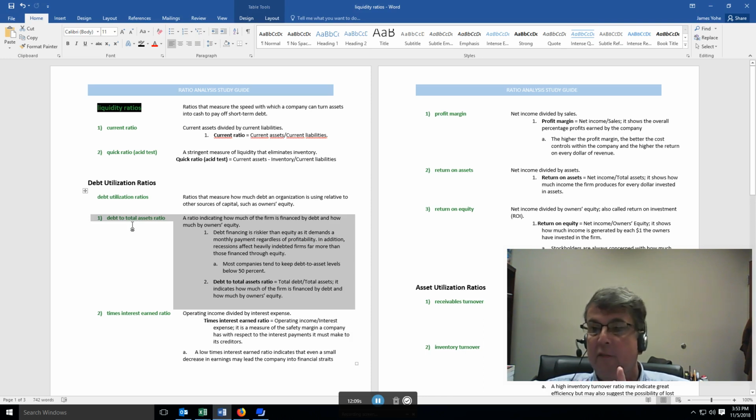Okay, leverage tends to magnify profits and losses. So a company that has a high debt ratio is heavily leveraged. A small profit ratio turns into a big amount of profit in terms of equity, as long as they're paying their debt payments.